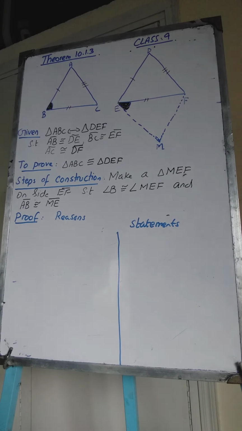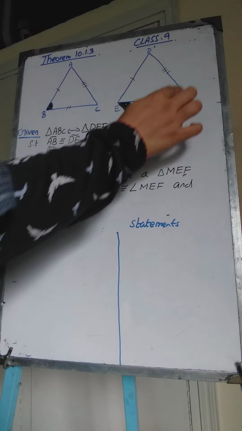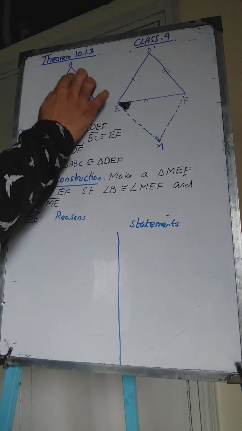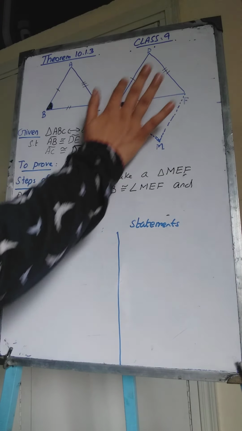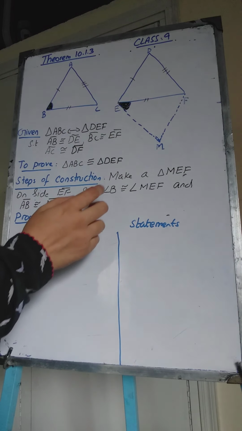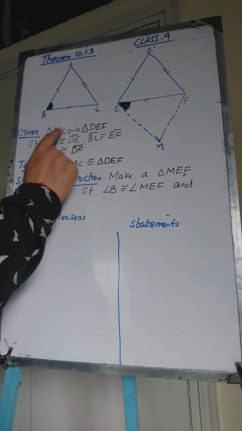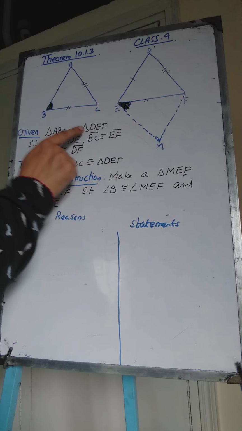So here we have two triangles ABC and DEF. We are given that the three sides of this triangle are congruent to three sides of triangle DEF. Given is that triangle ABC and DEF, we have taken a correspondence between these two triangles.